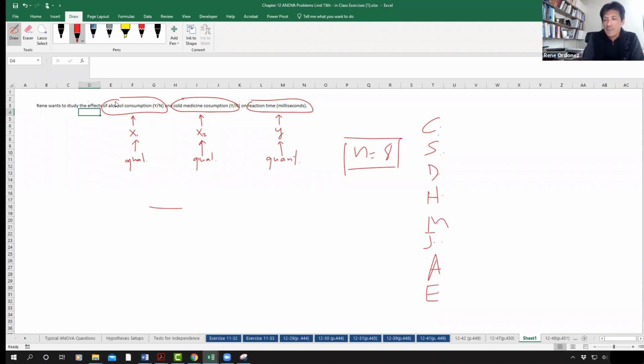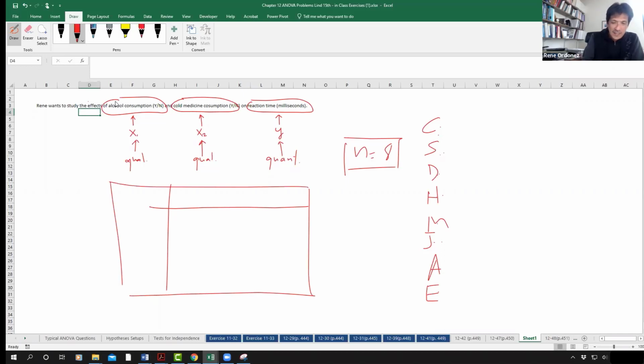In this experiment I am going to conduct, I am going to randomly assign 2 students, of these 8, to these quadrants. This one is cold medicine, and this one is alcohol.